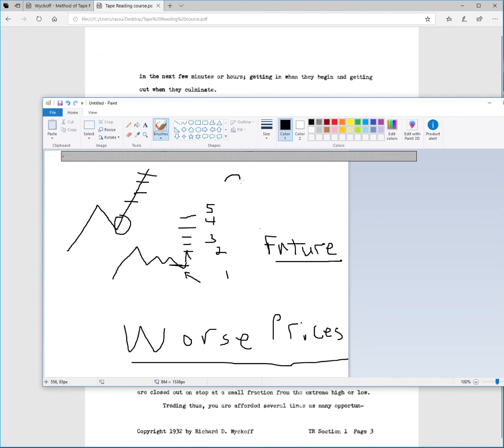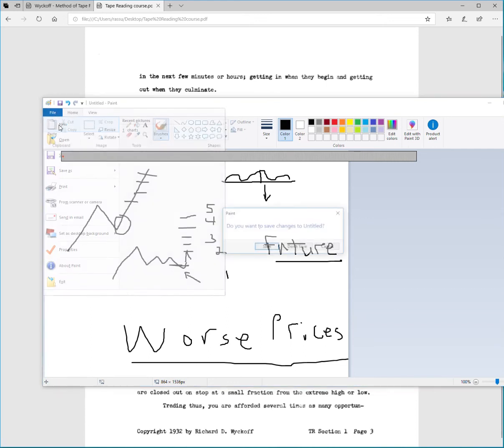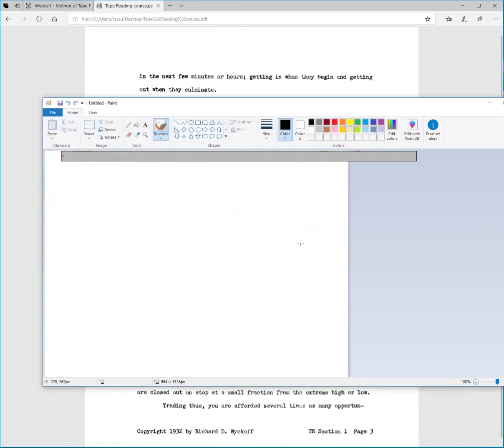Same thing with this head and shoulders nonsense. Oh yeah, the head, the shoulder, blah blah blah, it's going to go down. Again, you're assuming that they're going to sell at worse prices than you, which is going to cause the market to go down. So all of these methods assume people are going to buy at worse prices than you, and just taking away technical analysis, how ludicrous is it that people are going to buy at worse prices than you?